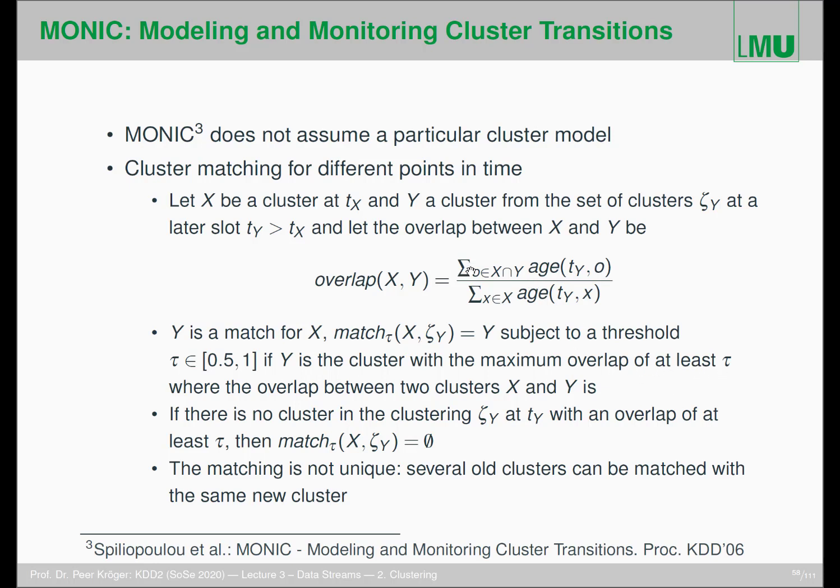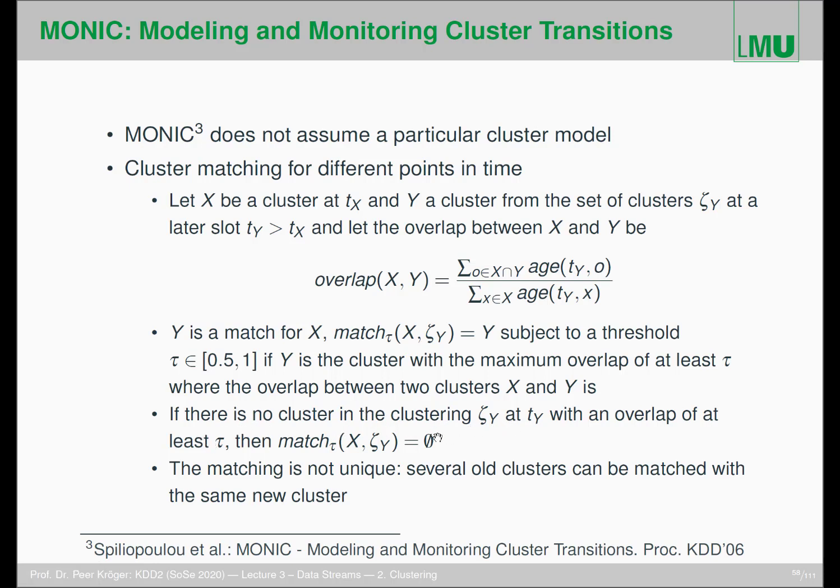So if Y is the cluster with the maximum overlap to X, but the overlap here is below tau, then X has no match actually. That's written down here.